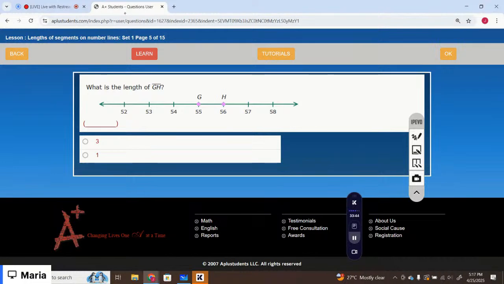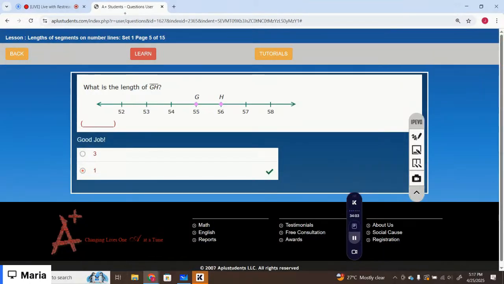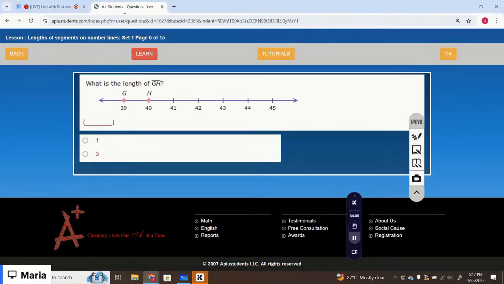What is the length of GH? That is 1 unit. Option number 2 is the correct option. What is the length of GH?